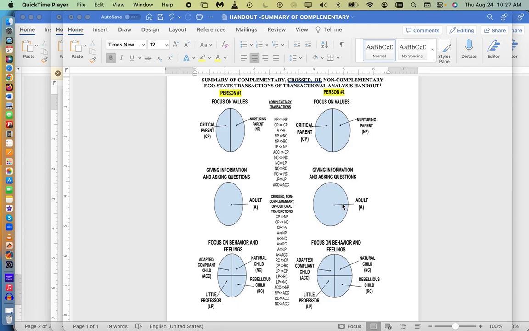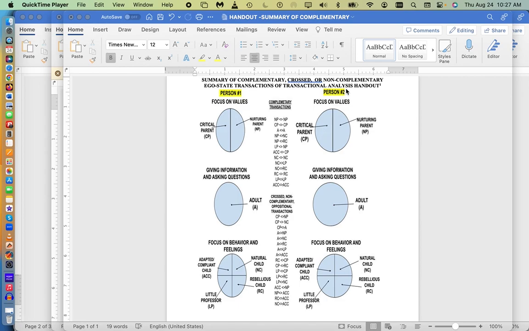But once one person changes their ego utterance and no longer remains in their adult ego state, conflict can occur. Thus, if person number two, now speaking from their critical parent, not the adult, says, the Supreme Court was right to outlaw abortion, the sparks can fly and the ensuing transaction becomes non-complementary.